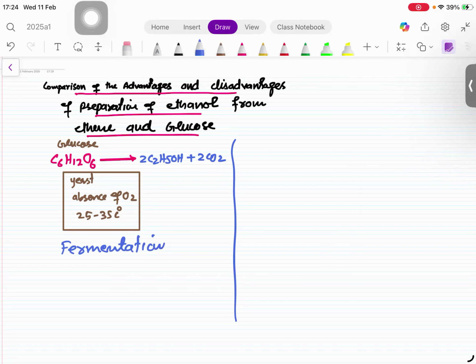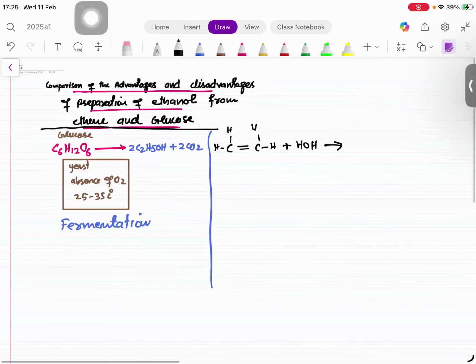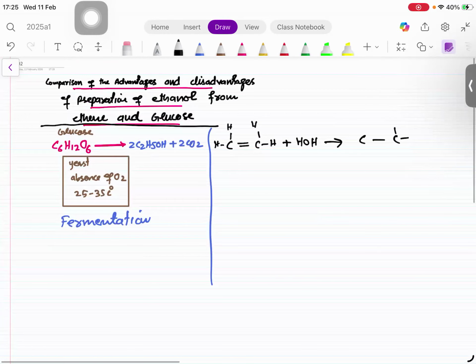The other method which we learned is from alkene, from ethene by hydration. We have an alkene like this, CH2CH2. We mixed it with steam, H2O, you remember, and it turned into ethanol.